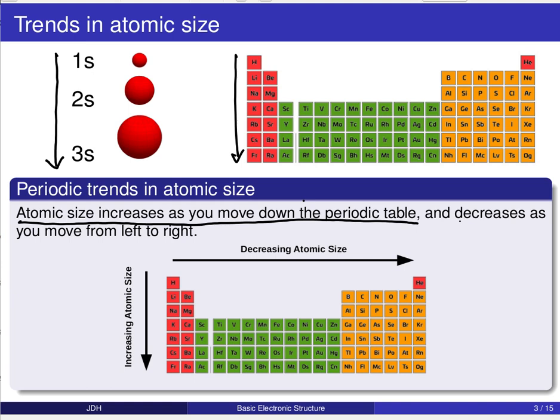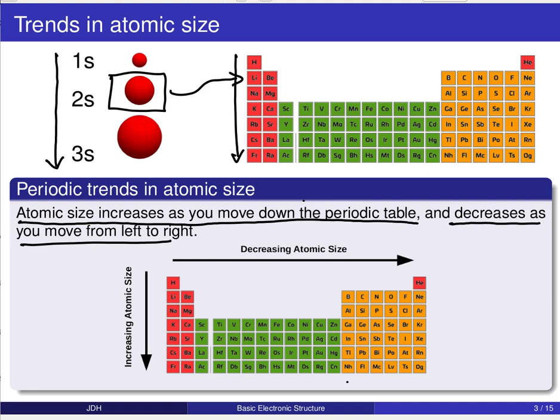Now, it turns out that the atomic size actually decreases as you move from left to right. The details of this are a bit beyond our introductory coverage of the topic, but it really boils down to the fact that when you're moving from left to right, you are fixed essentially with a certain type of orbital. For example, if you're going across a row and you have a principal quantum number of 2, say in the second row, then we're dealing with 2s and 2p orbitals.